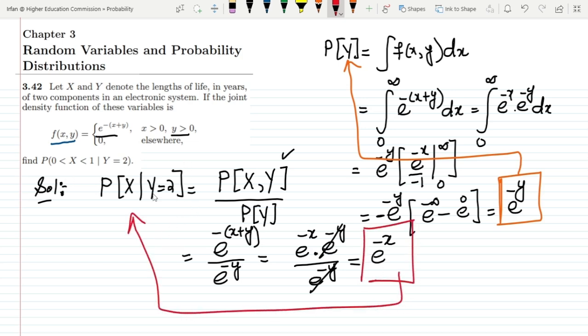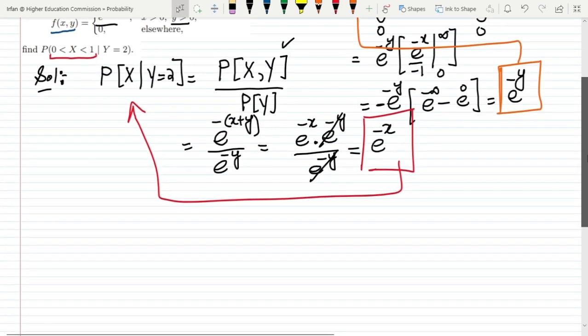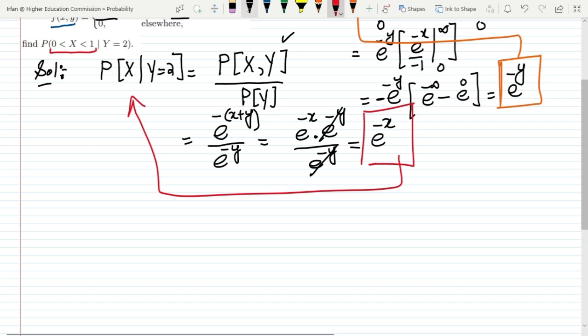But now you can see that I don't want to find out the value of x, but I want to find out the probability that it lies within this range. So in order to find this value, what do I have to do? I have to take the same value and integrate it within this range 0 to 1.